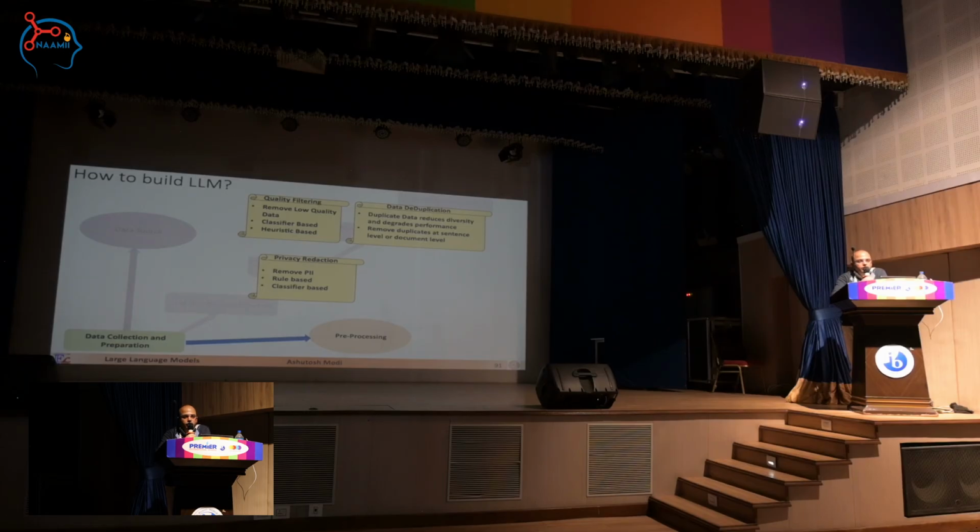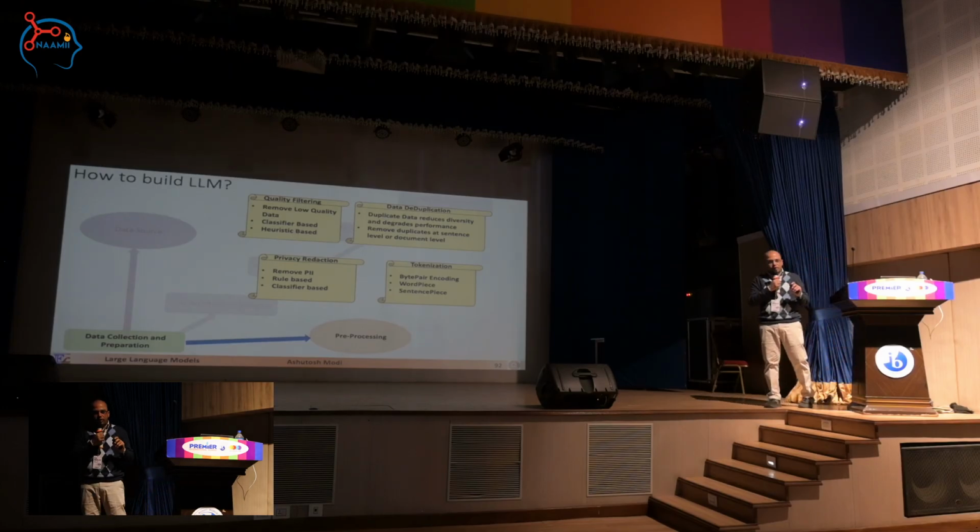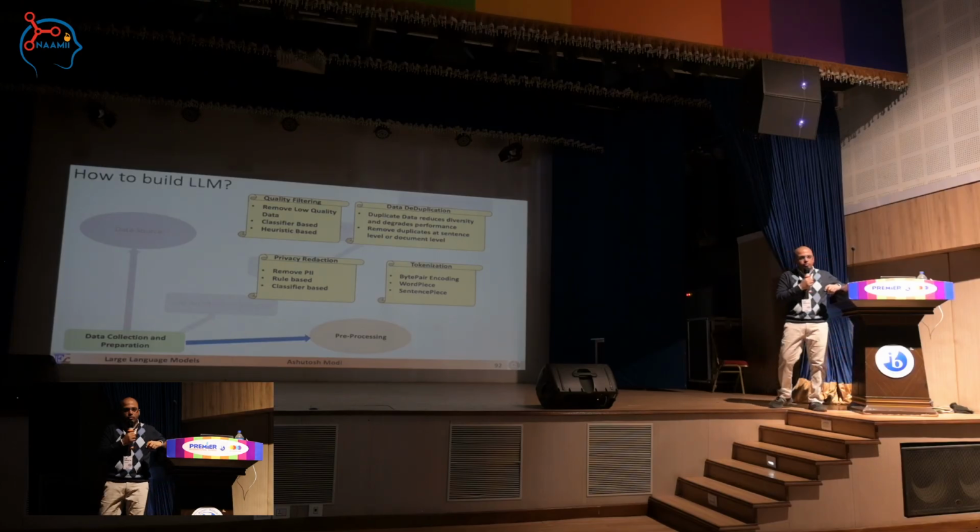And again, you could use some sort of rule-based approach, or maybe you could develop a machine learning classifier which will remove this PII sort of information. Once you are done with that, you are then ready with data to be fed into the LLM, and now comes the step of tokenizing the data.